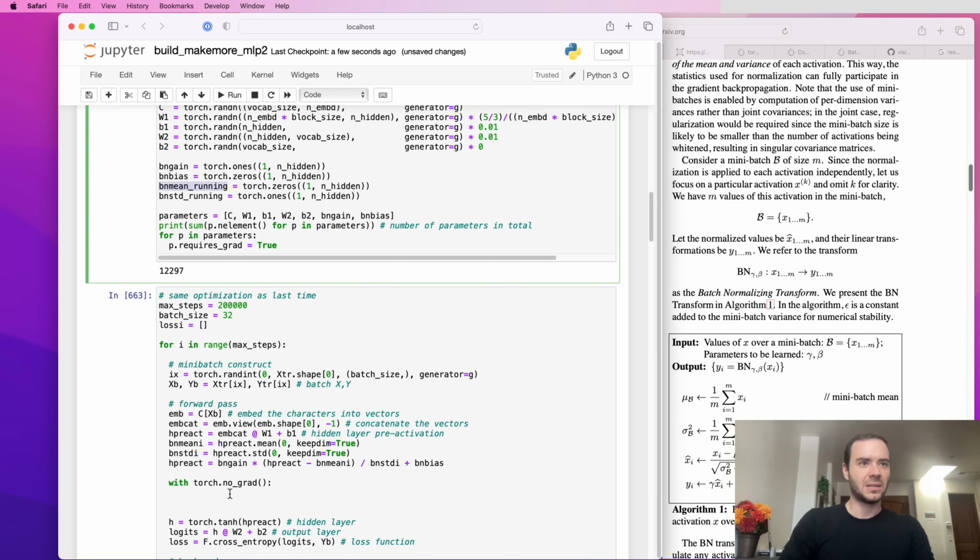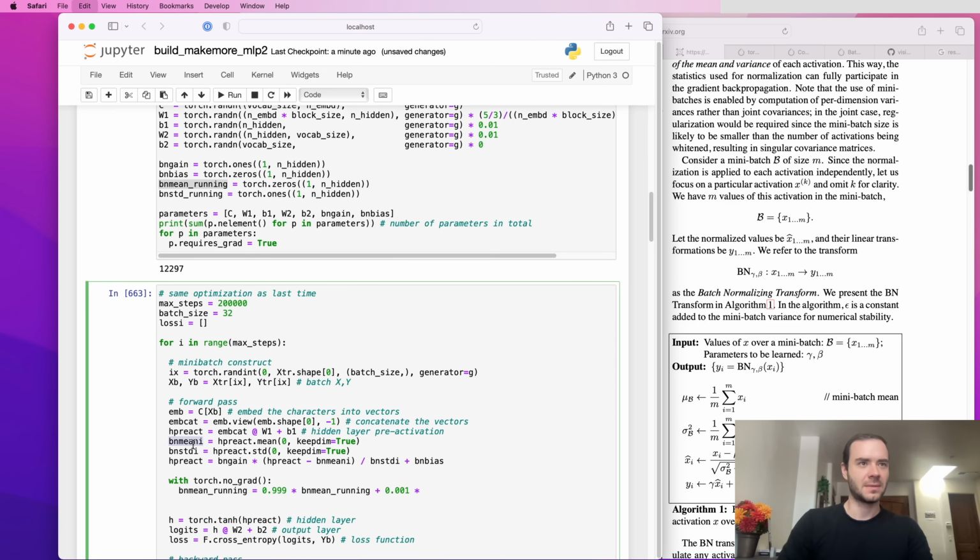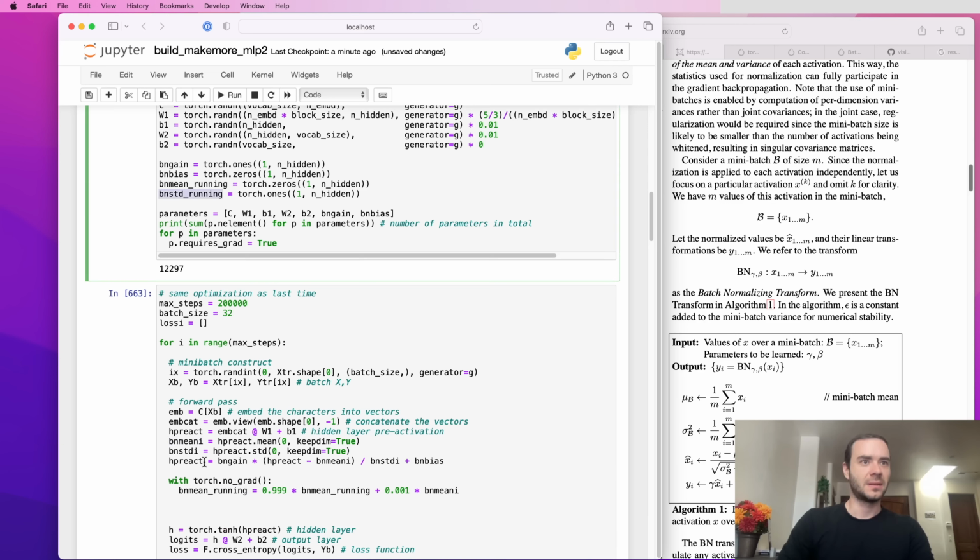But this running mean is basically going to be 0.999 times the current value plus 0.001 times this new mean. And in the same way, bnstd_running will be mostly what it used to be, but it will receive a small update in the direction of what the current standard deviation is.